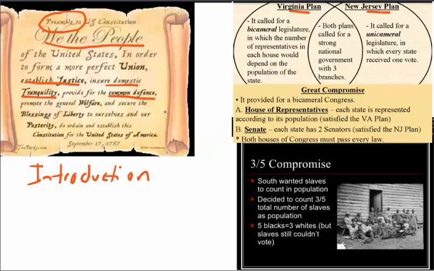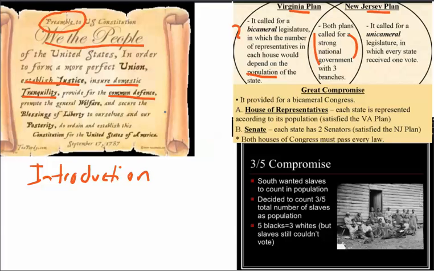Both of them agreed that a new, stronger national government was needed with three branches and checks and balances. But the people from Virginia, including James Madison, said there should be two houses in Congress and that the number of representatives in Congress should be based on population. Well, the people from New Jersey said, hey, wait a second.